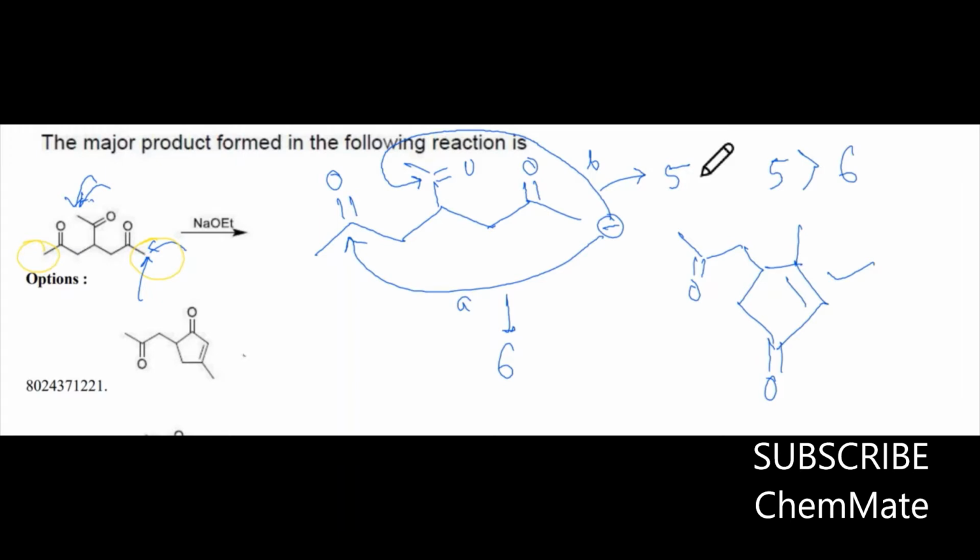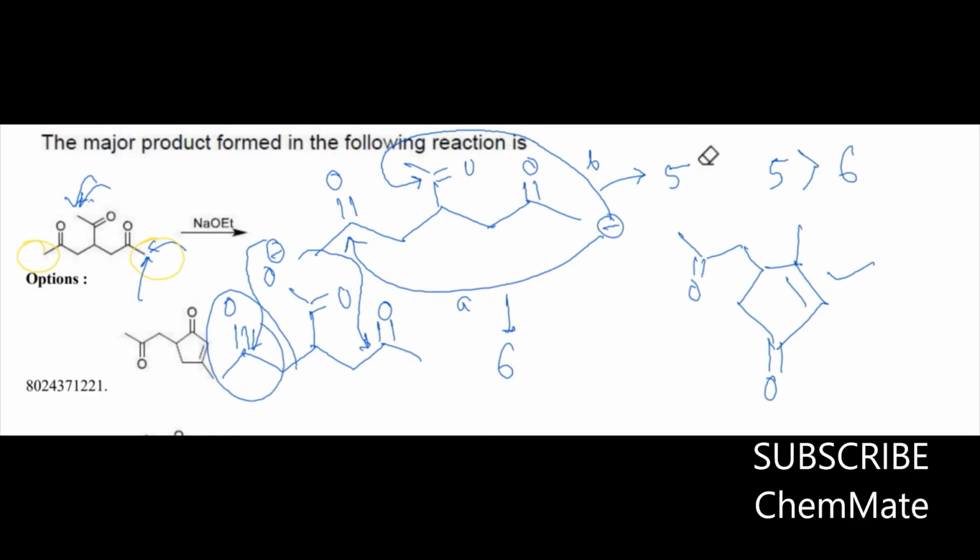Then this anion will be formed, and this anion may attack this carbonyl carbon, or may attack this carbonyl carbon, and both of these will give a similar product because these two groups are equivalent.